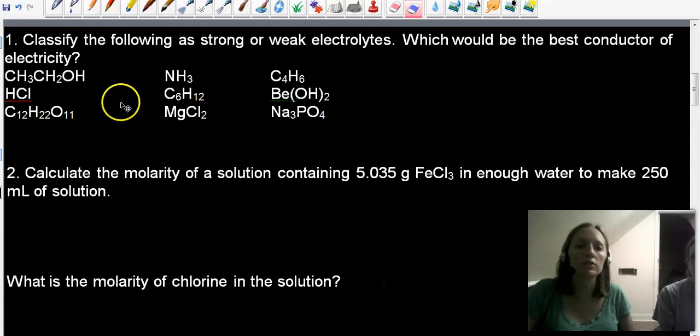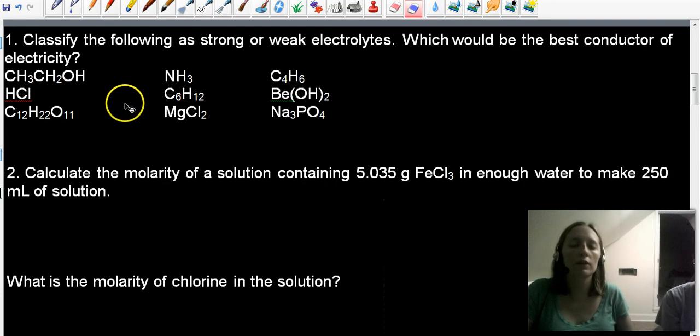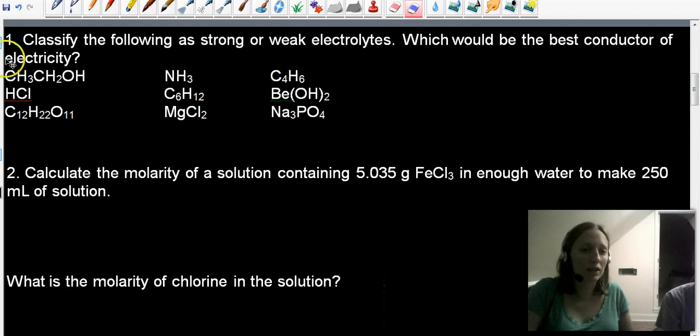All right, here's your question. Classify the following as strong or weak electrolytes, which would be the best conductor of electricity. You have to remember that all of the organic ones are terrible electrolytes. So this one, which is organic, is not a good electrolyte.